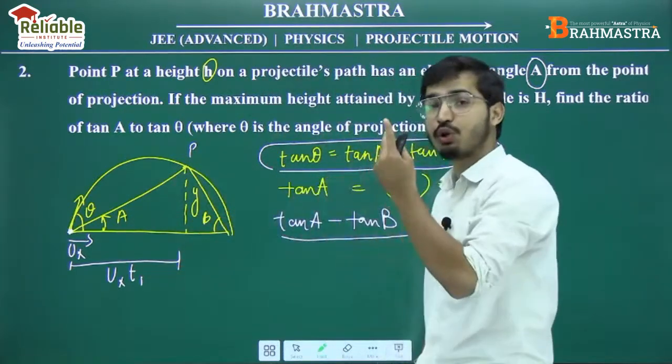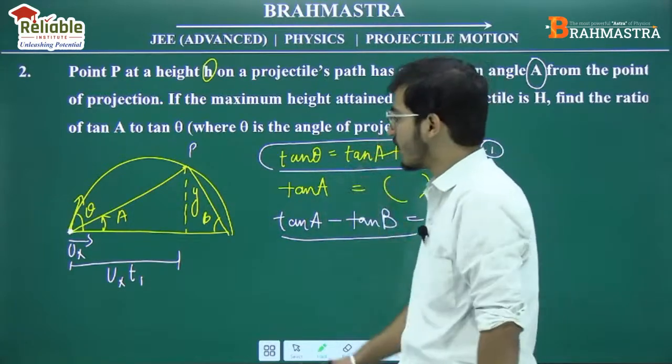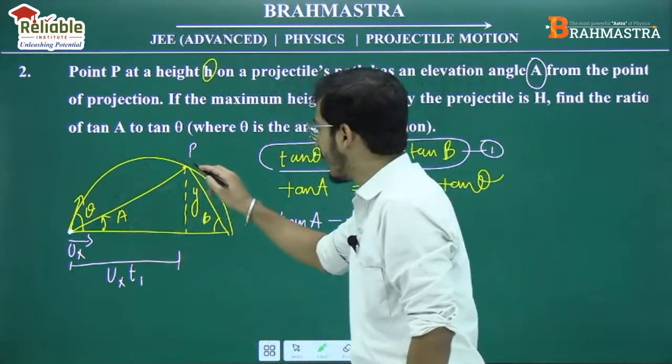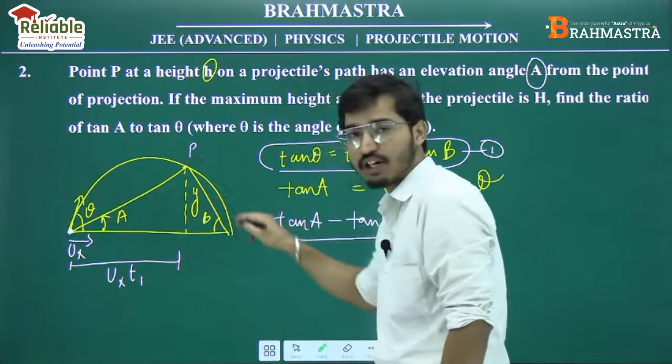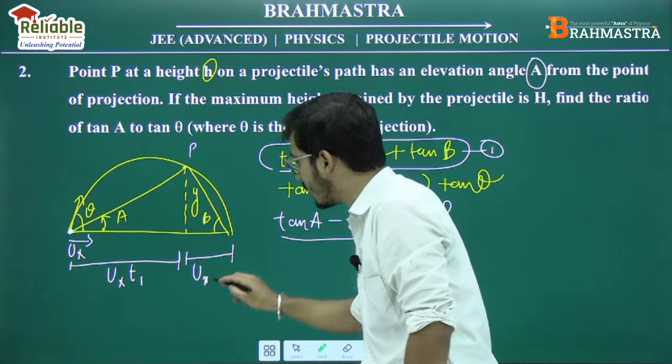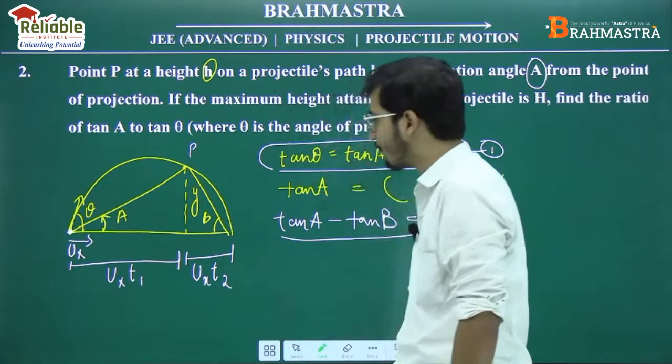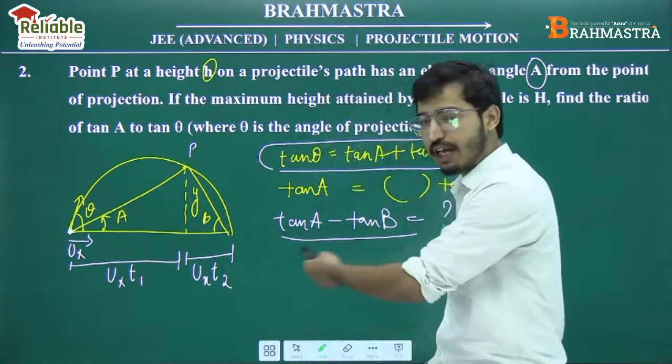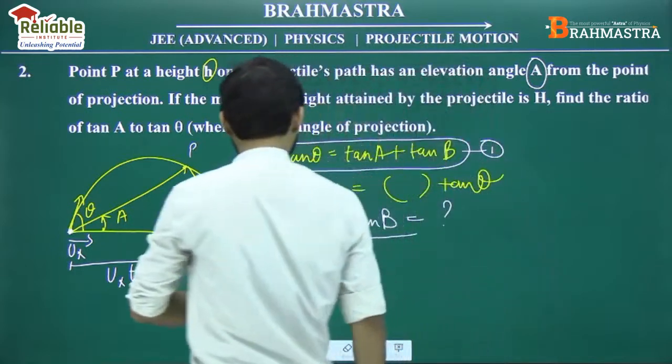We had two solutions of the quadratic equation, t1 and t2. So this is t1, and this portion will be covered in the t2 time. So this particular length is ux t2. Let's place the value of tan A and tan B, and let's see.